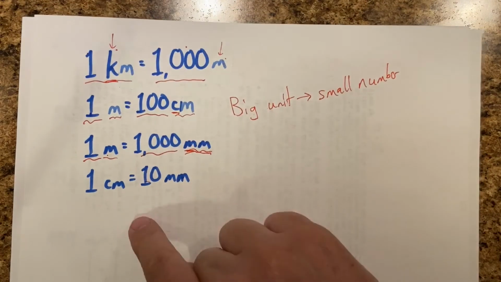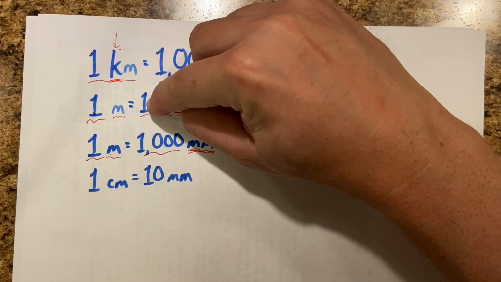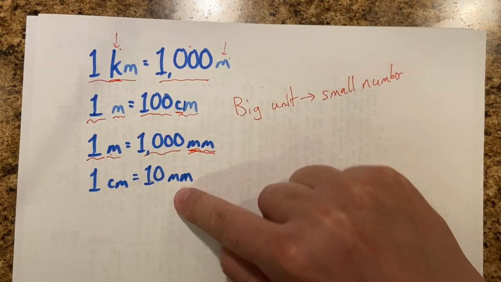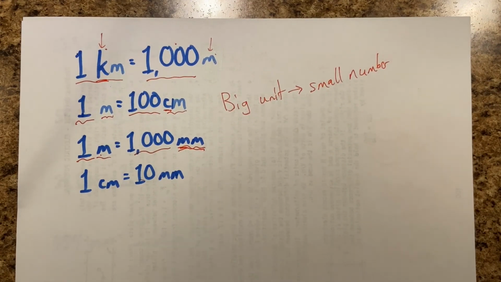And when you're comfortable with having these memorized, you'll know that, oh, I'm moving the decimal 3 spaces, I'm moving it 2 spaces, moving it 3 spaces, or just 1. So, hope this helps, and happy physicsing.